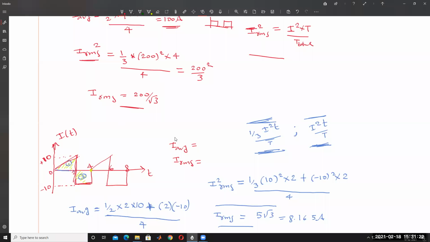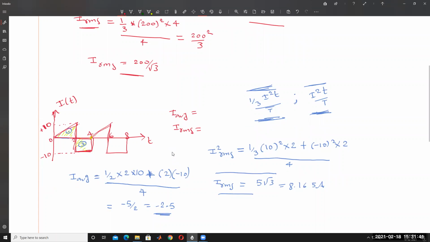This waveform is repeated, no? 0 to 4: the waveform 0 to 2 and 2 to 4 is one waveform. Again, the waveform is repeated, 4 to 6 and 6 to 8. That's why you have to find the average value. So 0 to 4, and if the waveform starts here onwards, then 0 to 2 is enough.